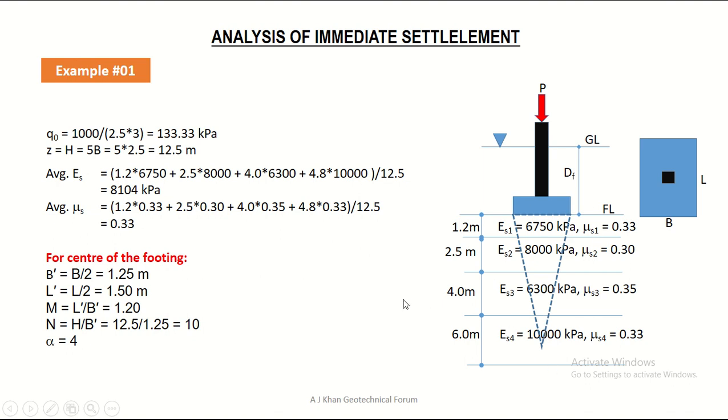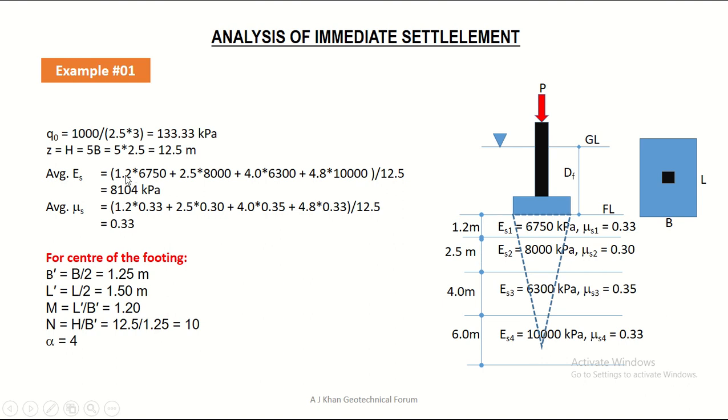Okay. And very much like calculating bearing capacity for a multi-layer system, here also we'll calculate the weighted average of the modulus of elasticity within the zone of influence, and that is very easy.